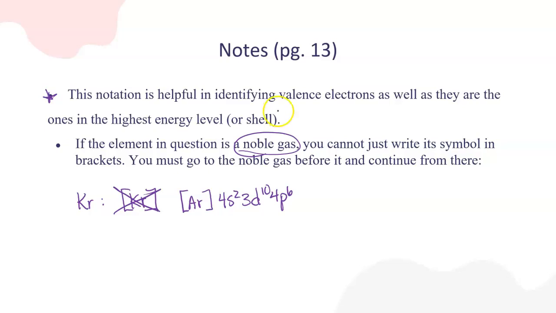This notation is super helpful in identifying the valence electrons as well, because they are the ones in the highest energy level. That means the n number is the biggest. The n, if we remember, is the principal quantum number, which is the first number in front. The highest number in the entire electron configuration, usually just one or two, tells you which electrons are in the highest energy level.